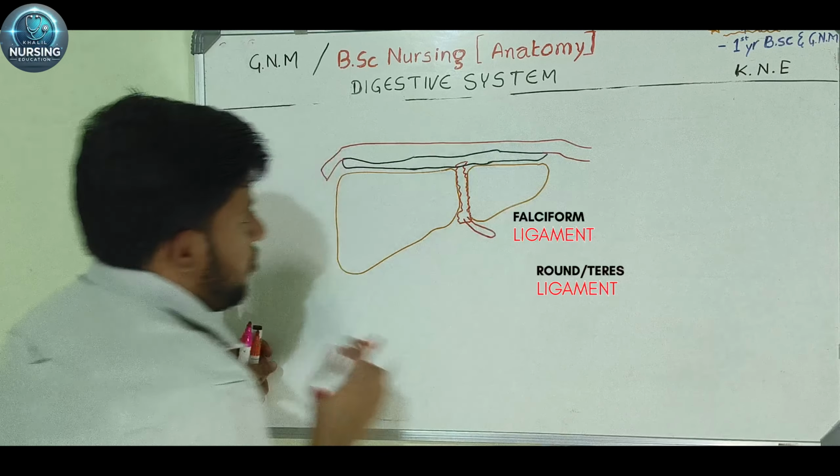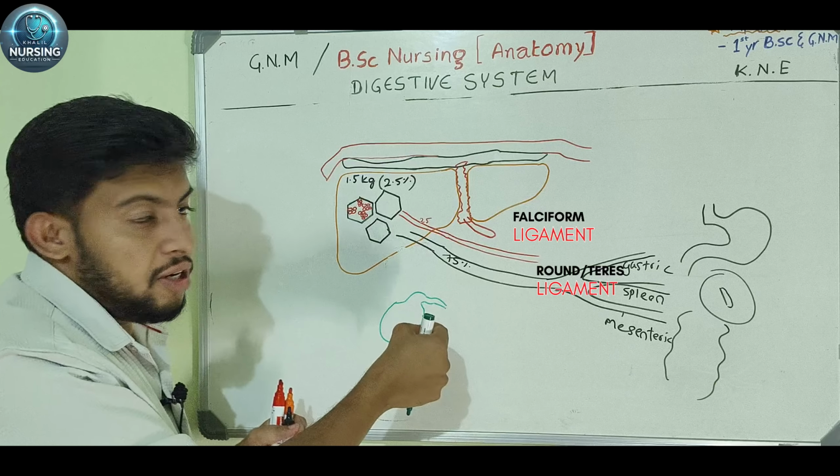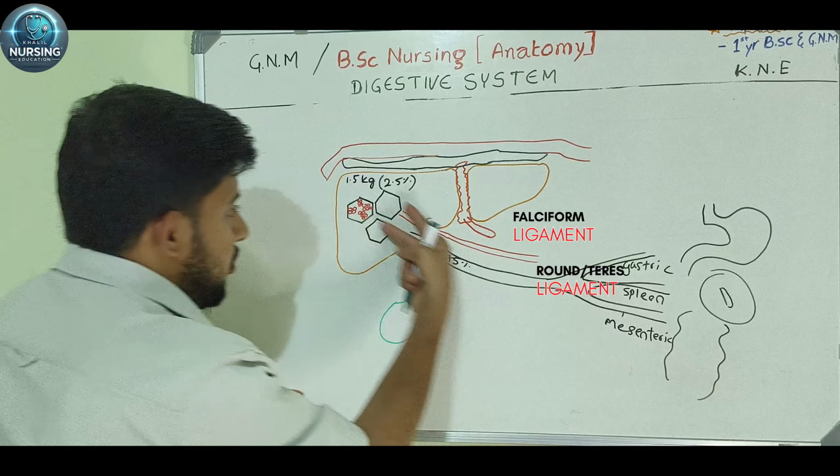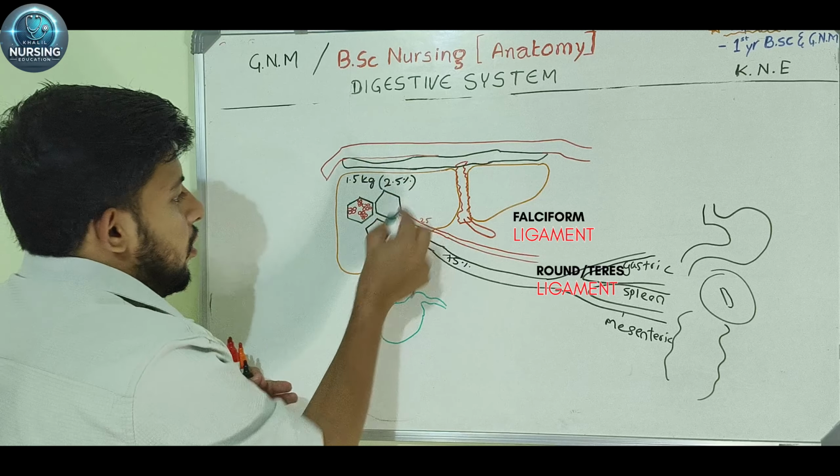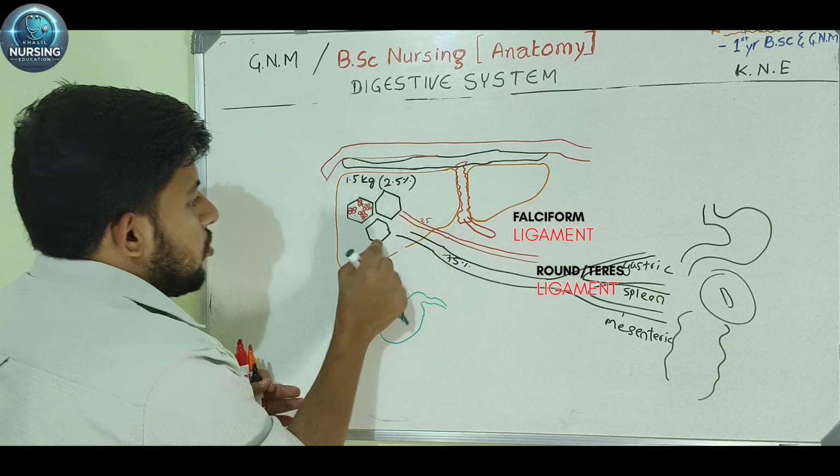Clear? Blood is given to the liver, bile is taken from the liver.